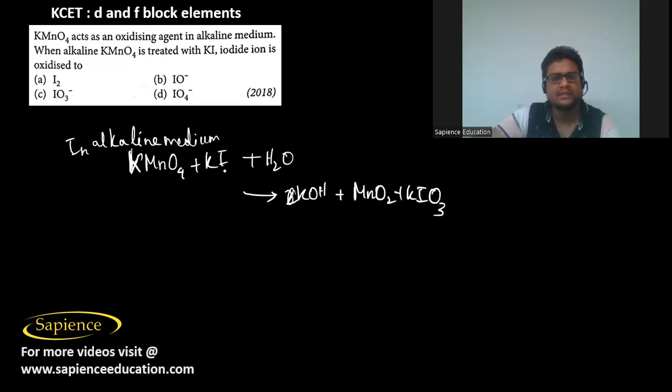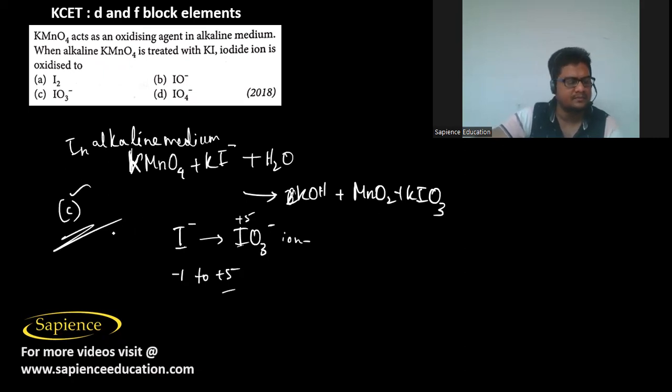So here I minus, the iodide ion, is oxidized to IO3 minus ion. Here the oxidation state of iodine is +5. So its oxidation state is changing from -1 to +5. So option C is the correct answer.